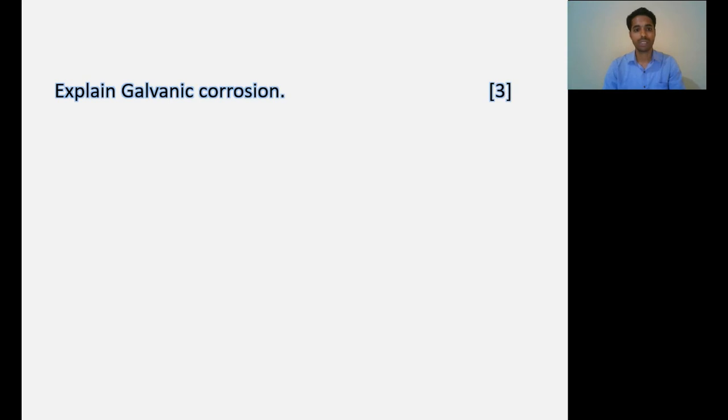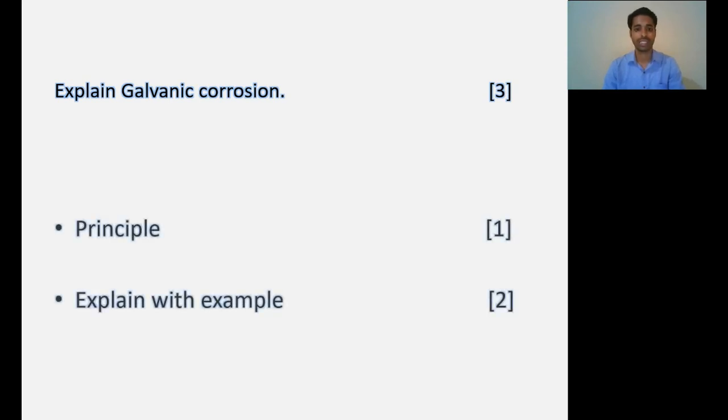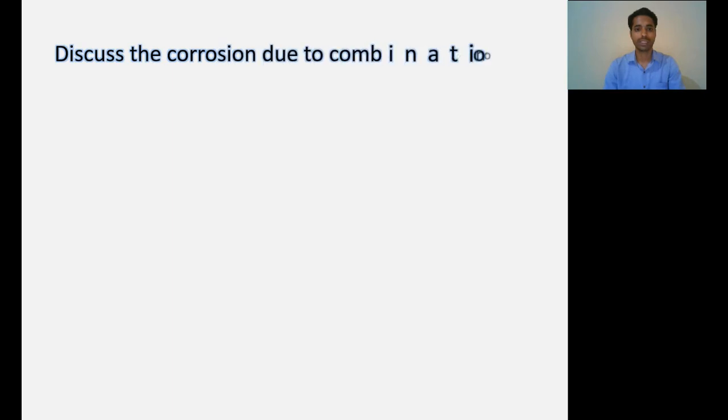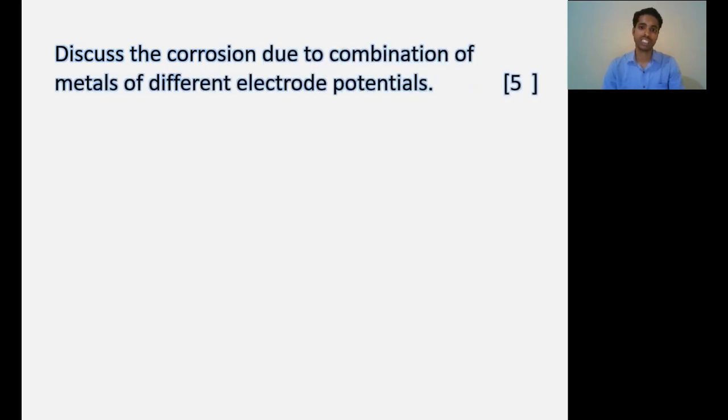The possible question may be as simple as: explain galvanic corrosion. In that case, you have to write the principle of galvanic cell corrosion and explain it with a diagram and example. Or the question may be asked like this: discuss the corrosion due to combination of metals of different electrode potentials. Combination of metals means two or more metals are connected.